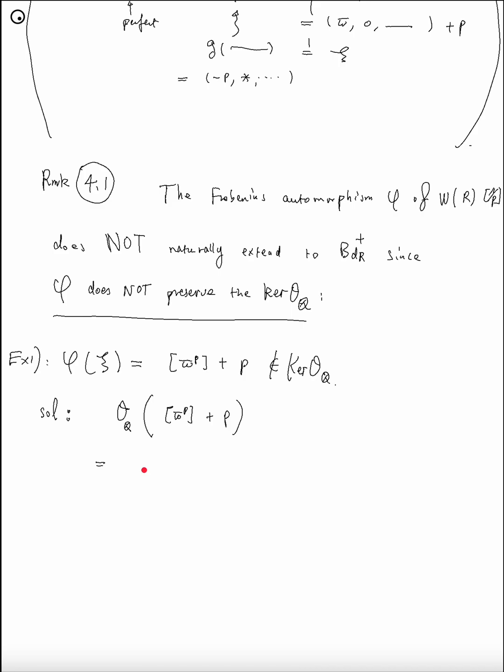This is a ring map, so it gives you theta_Q of this plus p, and by our formula, recall this is omega_p0 plus p times omega_p1 plus etc. Finally plus p here, but by definition of omega bar, sorry, this is an element in W(R).